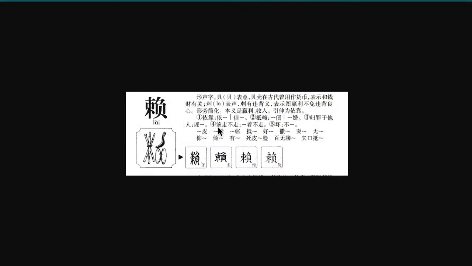Let's take a look at the etymology. This one, you can see it has a bei over there, right? So you know this is something related to money or property. And then the other side is la. The la on this side means deny, means going against. Going against what?